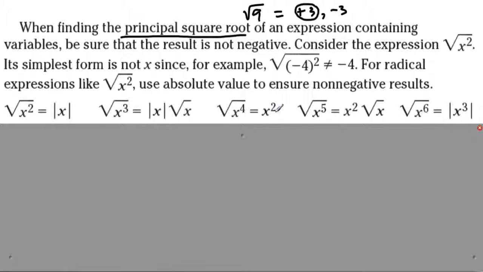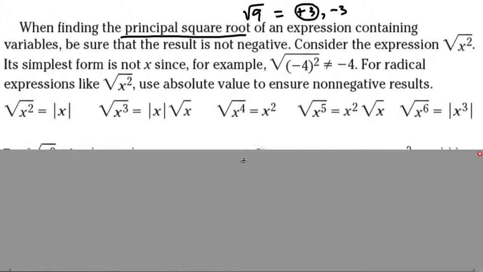Radical x to the fourth is x squared, because even if it's negative, if you square it, it becomes positive. And radical x to the fifth power is simply x squared times radical x. And radical x to the sixth is the absolute value of x cubed.